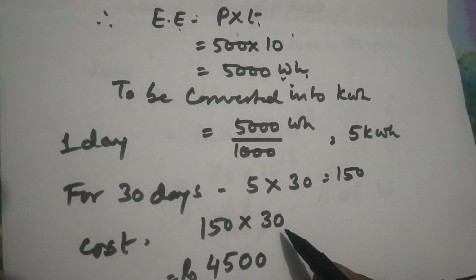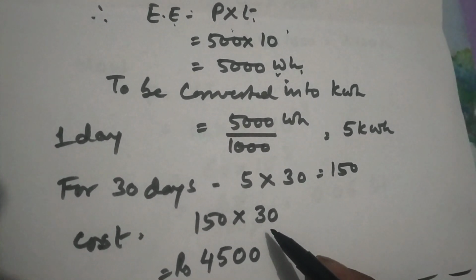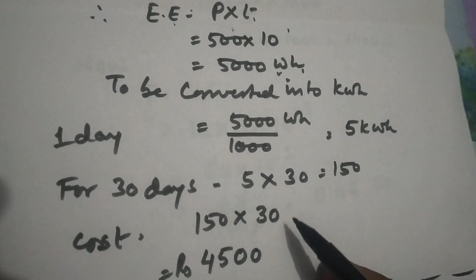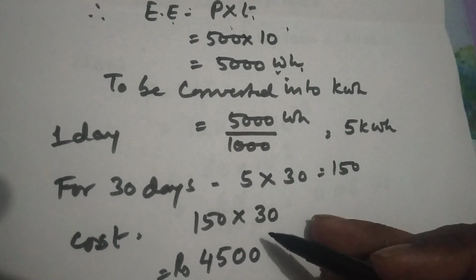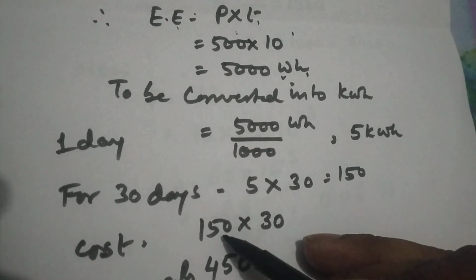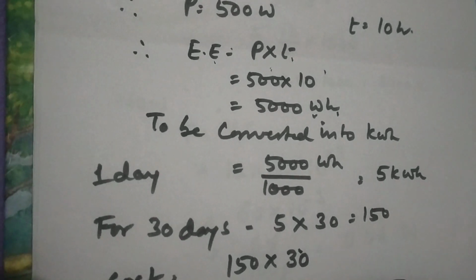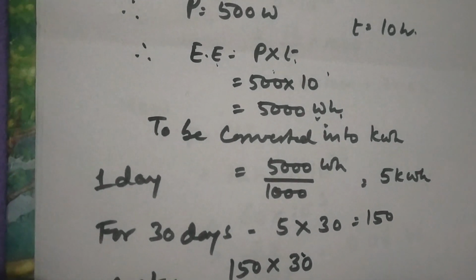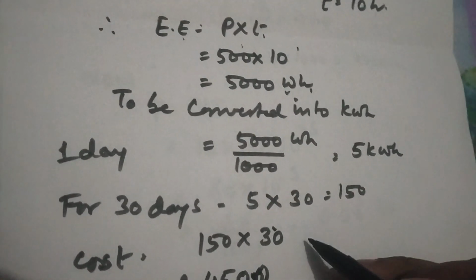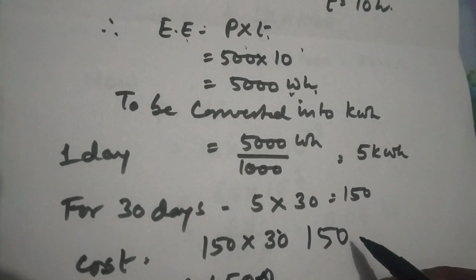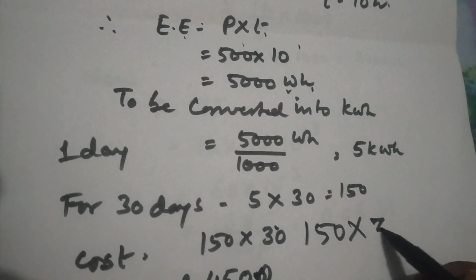And since you are consuming it for 30 days, now you can understand the cost. If you are getting it for 3 rupees, please follow, 3 rupees, then how much money do you get? I am doing it again. 150 you already got, and you have to multiply it by 3 rupees.